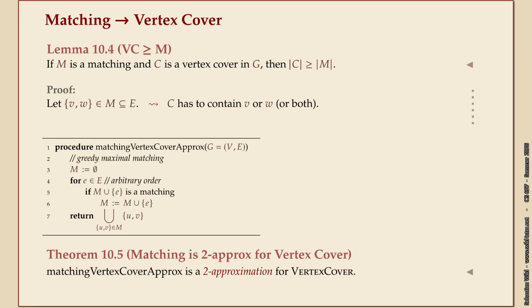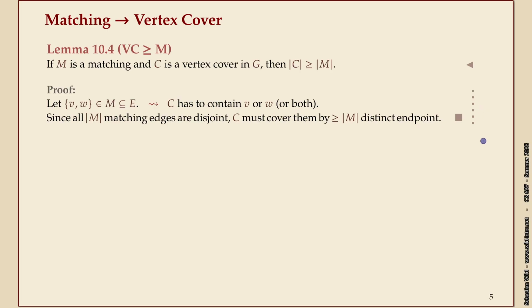Simple proof. Take any edge in the matching. The vertex cover has to contain either of the endpoints, or maybe both, but certainly one of them. And also, all the matching edges are disjoint as sets.